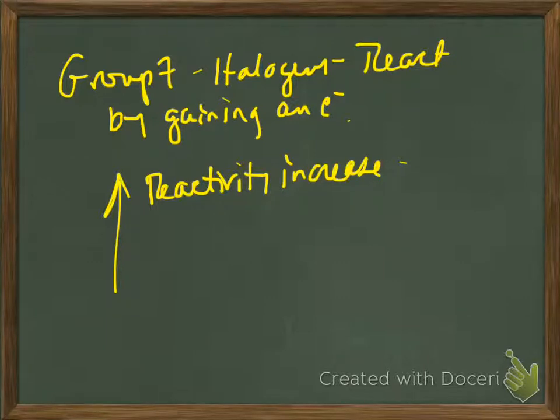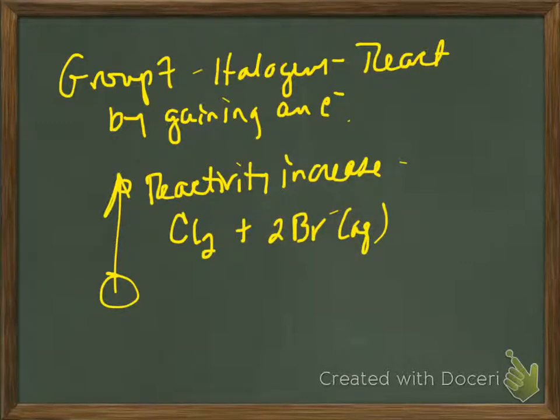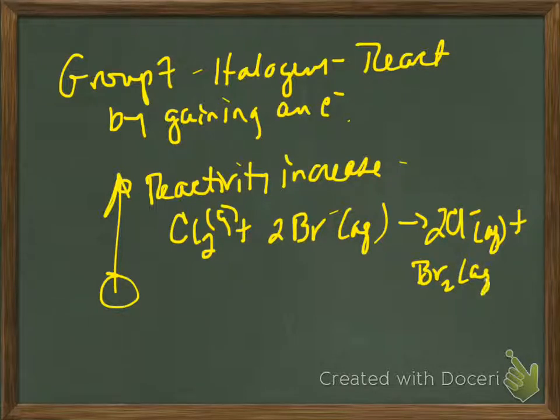Larger radius, which would be down at the bottom of the group, is going to have a harder time attracting that electron. So chlorine would be more reactive than bromine and would cause this reaction to occur. Okay, the opposite would not happen.